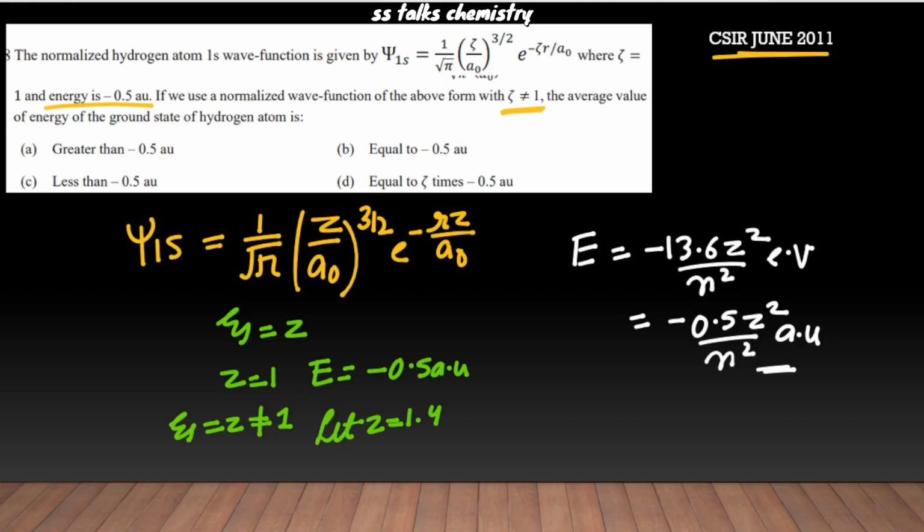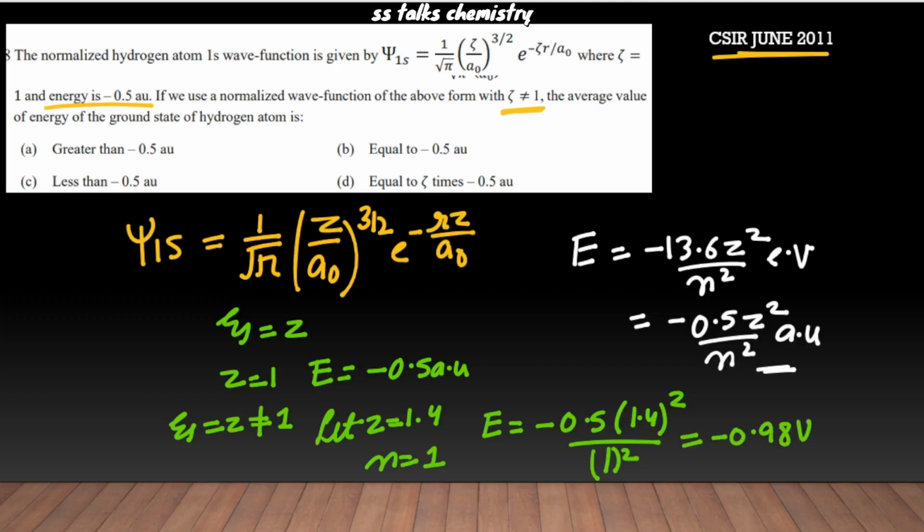That makes the energy value minus 0.5 into 1.4 squared upon 1 squared, considering the n value is 1 only. On solving this we get minus 0.98 atomic units.